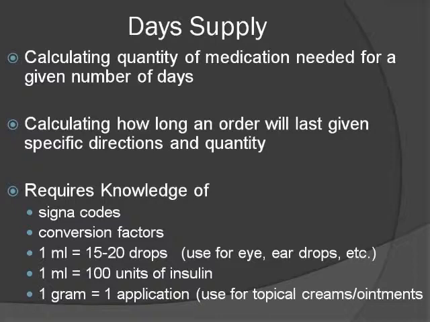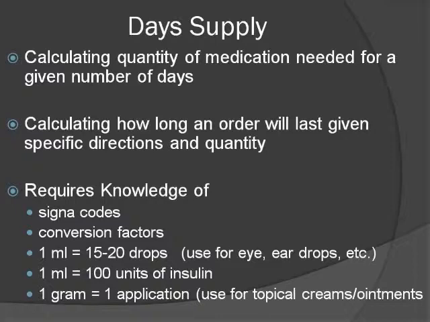You must also know conversion factors, because most of the time we're going to be going from milligrams to milliliters, or if we're using number of tablets, or even with insulin, I have noted that 1 mL has 100 units of insulin. Drops are another important one.